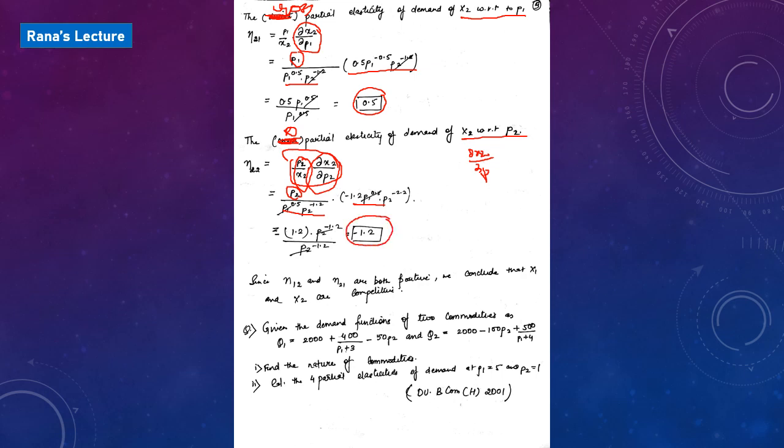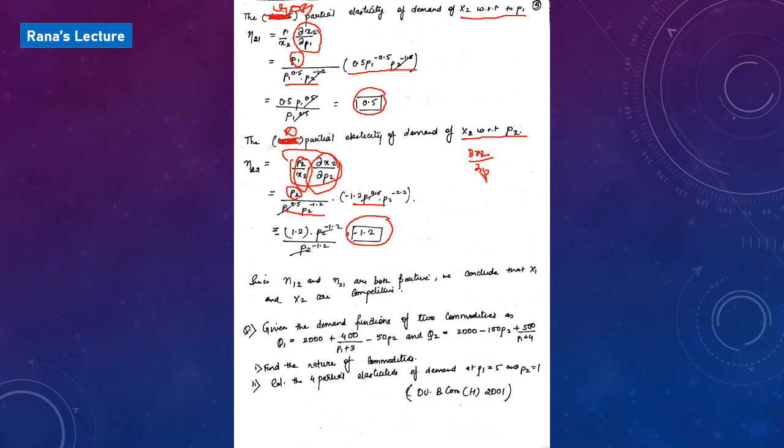Now the question asks you to find out whether the commodities are competitive or complementary. So you need to see whether eta 1, 2 and eta 2, 1 are both negative or positive.